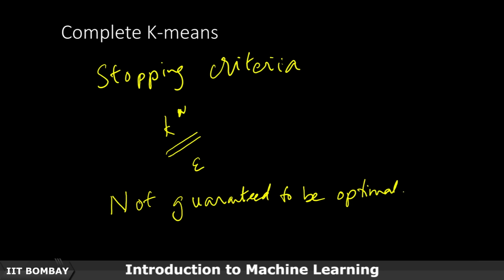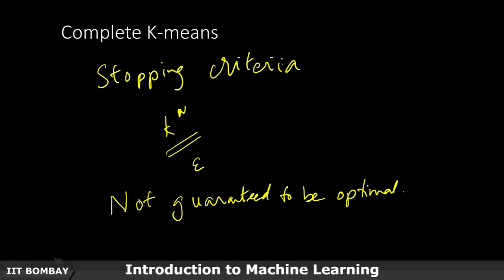This algorithm is only a greedy algorithm, and it is not proven that it will always find the minimum sum of squared distances. Okay, so these are some of the things to keep in mind.